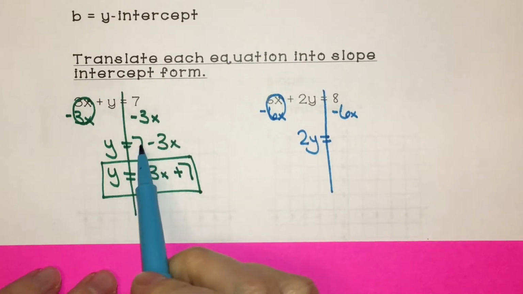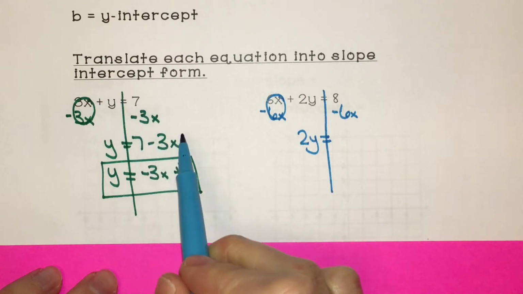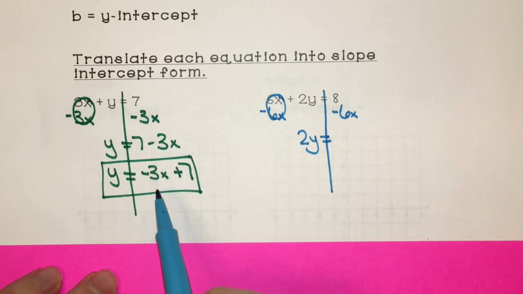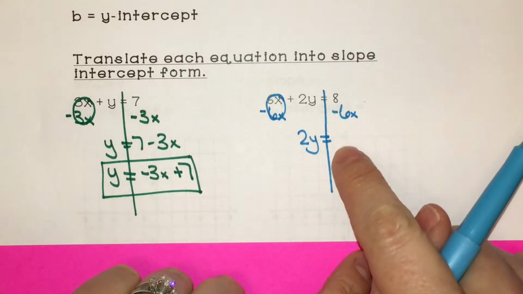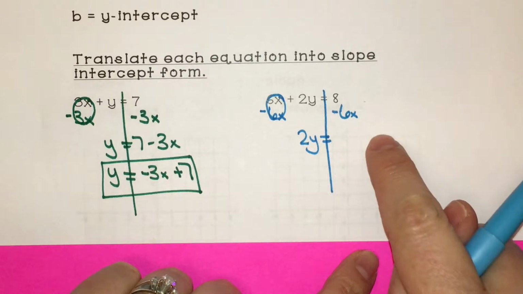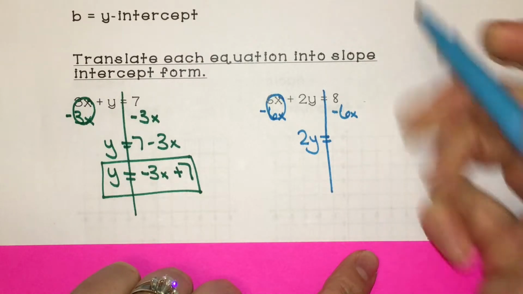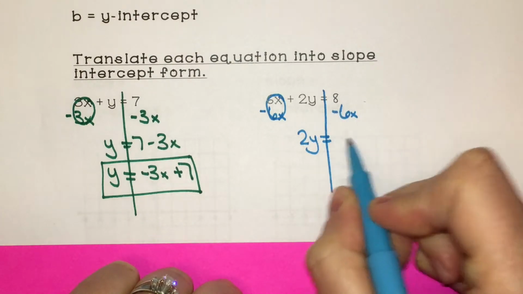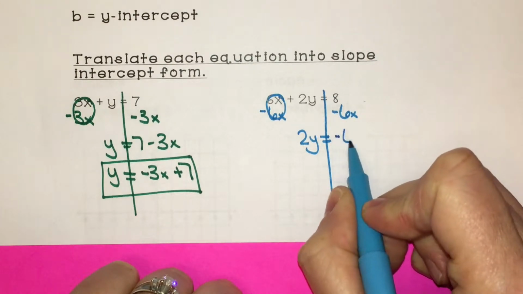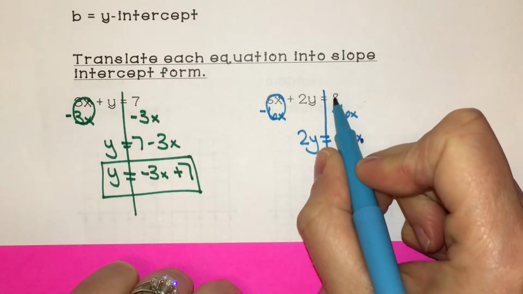Okay, so before I just rewrote my value on the right side, and then I switched it around so it's in the correct order. But I know that I need what's on the right side to have my x term first plus the number. So instead of writing 8 minus 6x, I'm going to put this minus 6x or negative 6x in front.